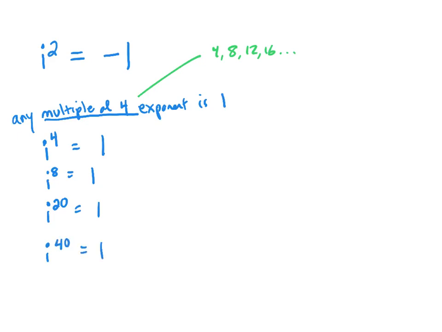It might help to make a longer list of multiples of 4, if you're not sure just by looking at it whether it's a multiple of 4. 20, 24, 28, 32, 36, 40, and you can go on from there. But i to any of these powers is going to be equal to 1. So those are two things to remember that'll come in handy on the next two examples.